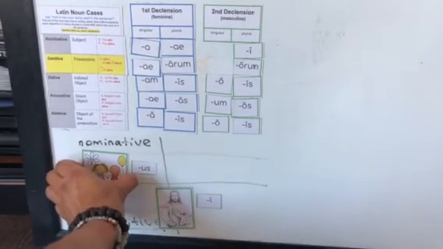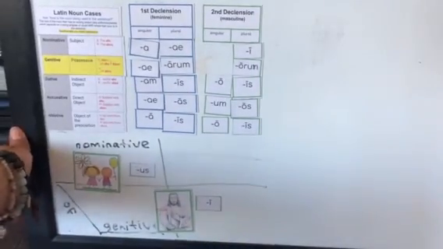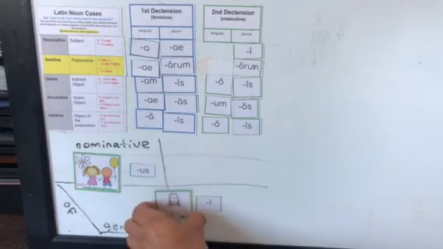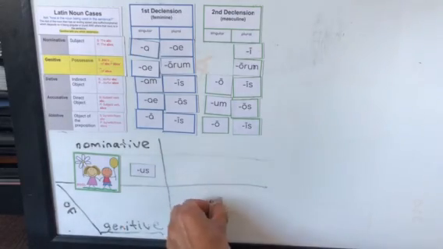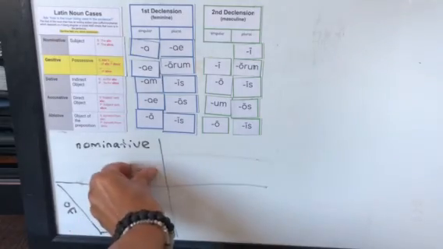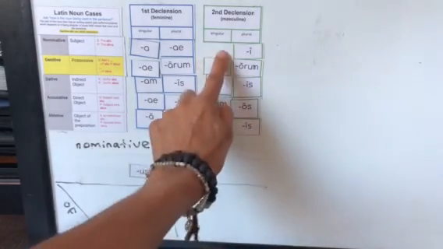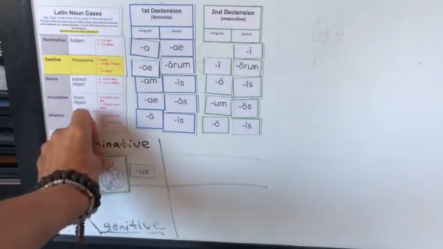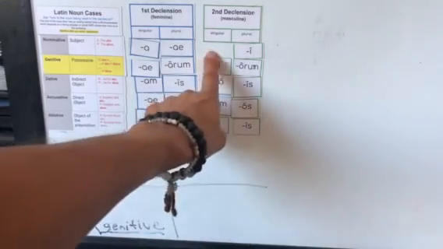Okay, we'll put those back, and then we only have one left. Filius Dei. Filius Dei. Well, you have your singular, us, and that means son. We know it's singular.